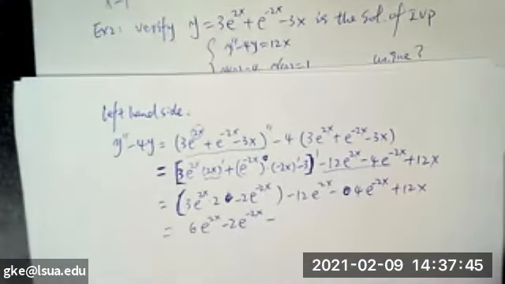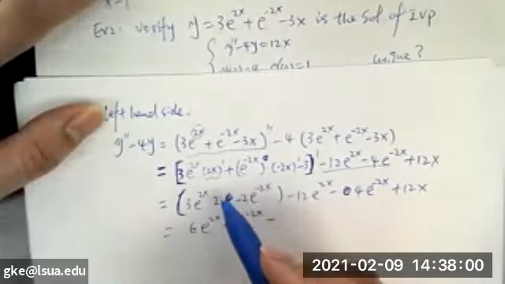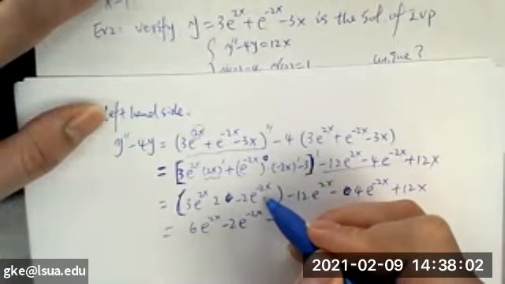So let me check whether I made a mistake or not. Oh, sorry, I made a mistake here. Here is a 2. I'm going to simplify it.